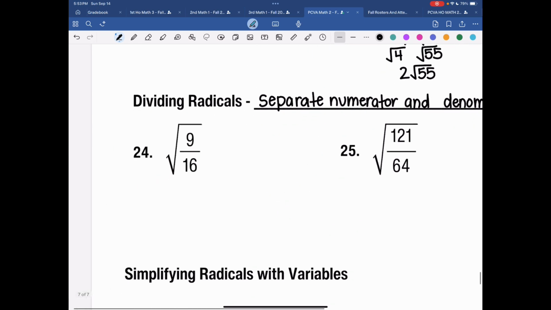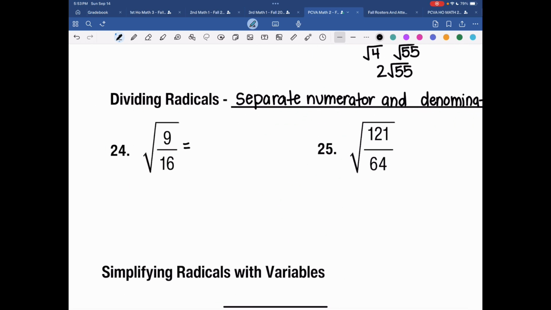Okay, so just as a quick overview, if we separate these, that's going to be the square root of 9 divided by the square root of 16. And for right now, we're just going to be working with those perfect squares. So we know the square root of 9 is a perfect square, so that's going to be 3. The square root of 16 is 4.